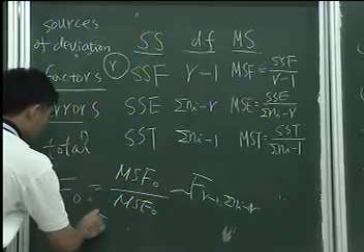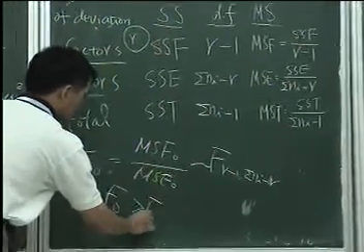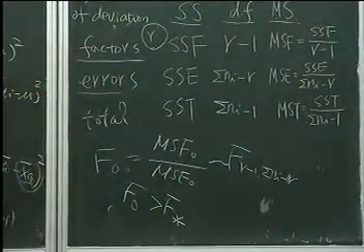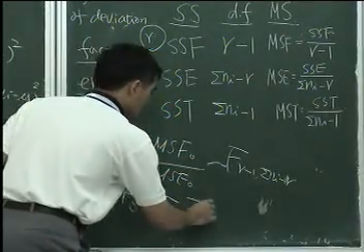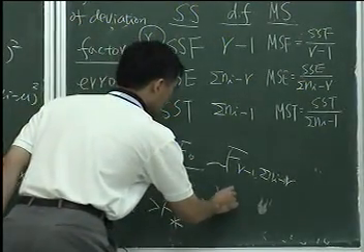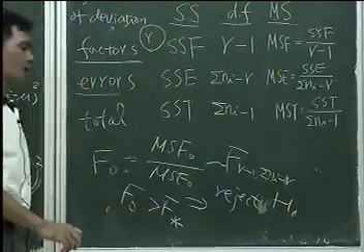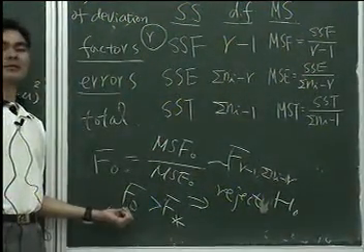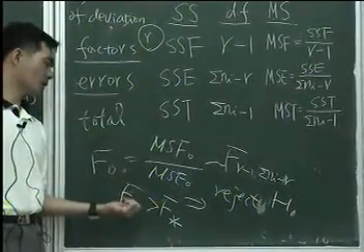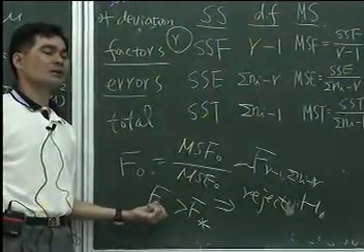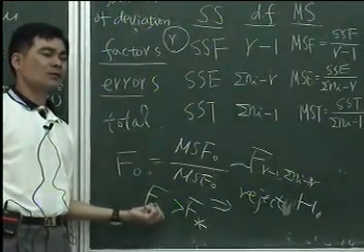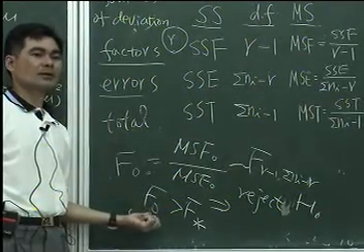If this value is greater than the critical value, then what would you do? You're going to reject H naught. What does that mean? That means the population means for each of the machines are different, okay?